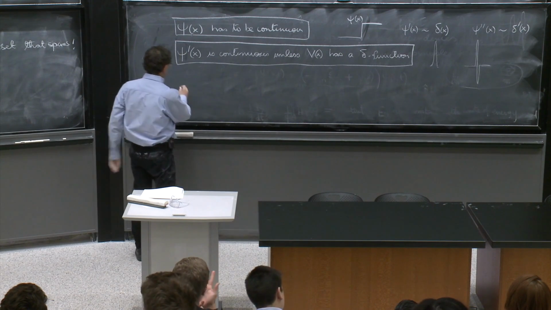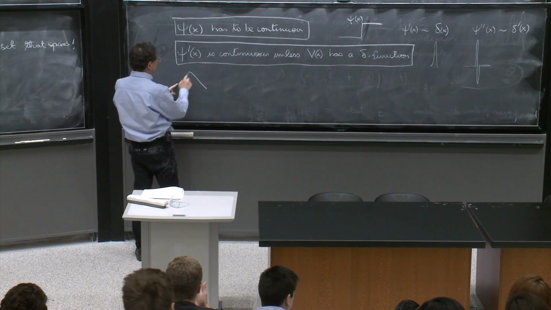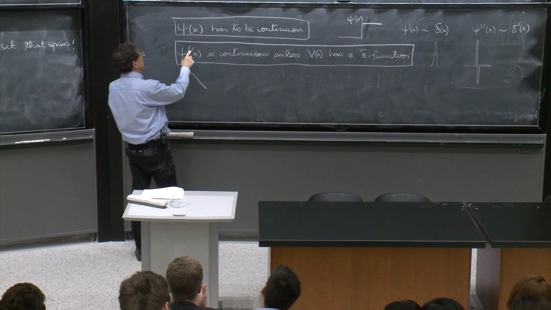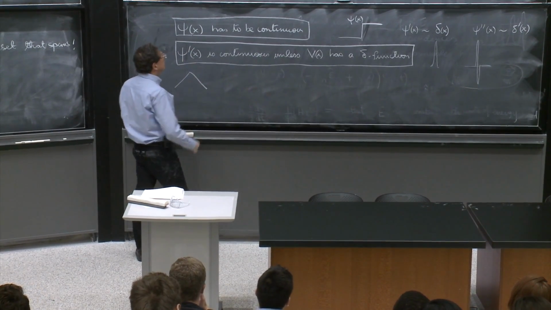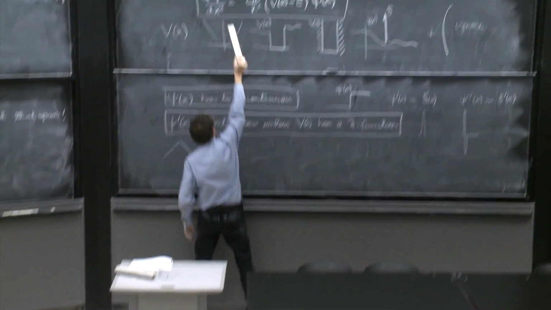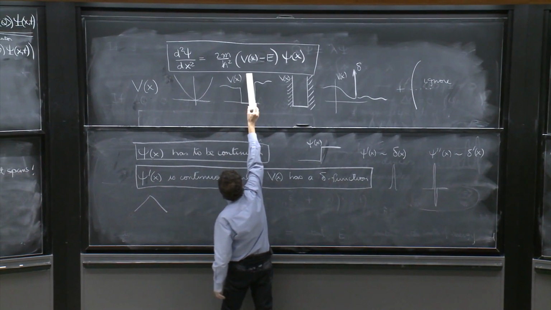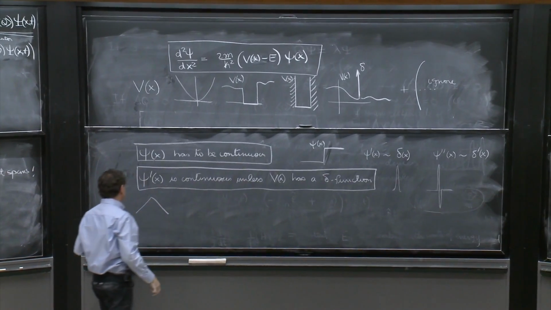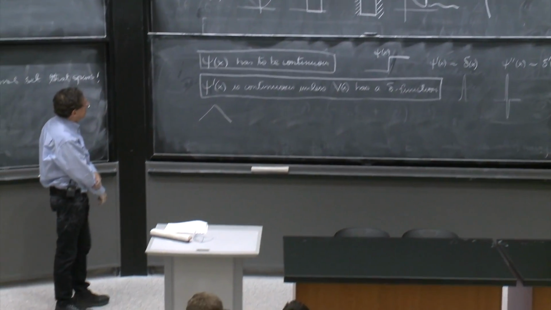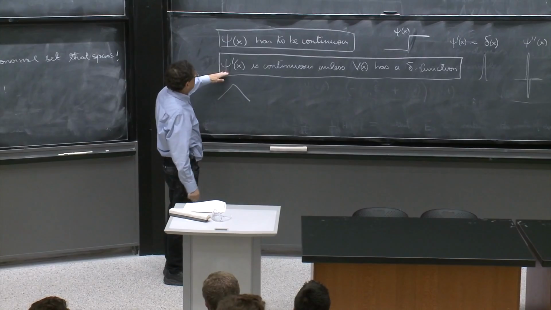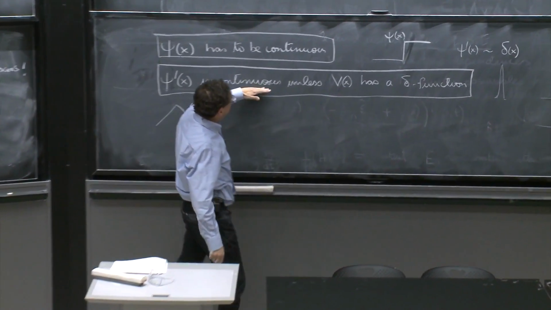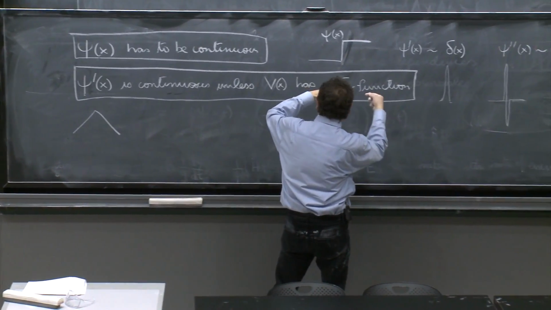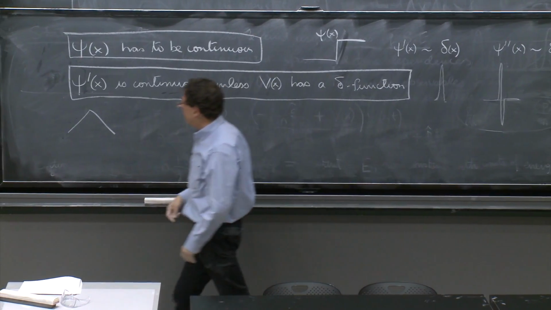If psi prime is continuous, the worst that can happen is that the second derivative is discontinuous. And the second derivative being discontinuous could happen with a potential that is discontinuous. So, no problem if psi prime is continuous. But psi prime can fail to be continuous if the potential has a delta function.